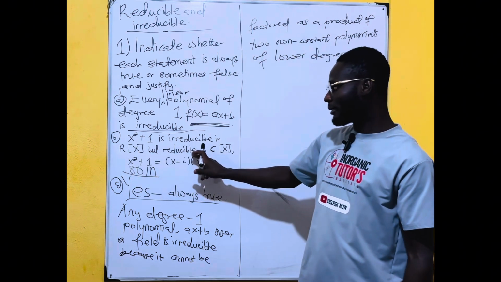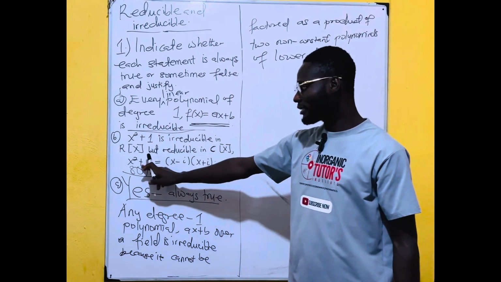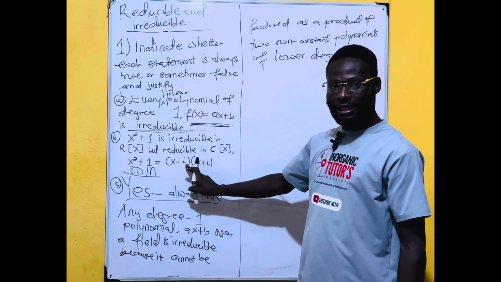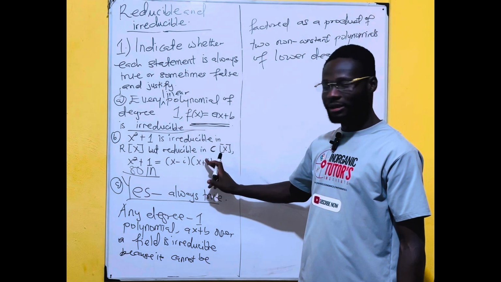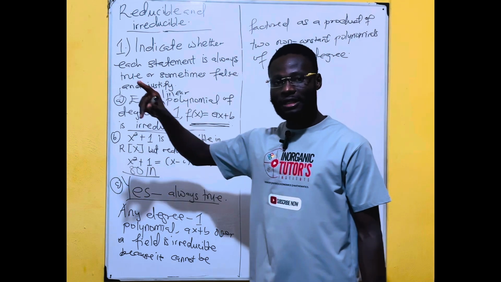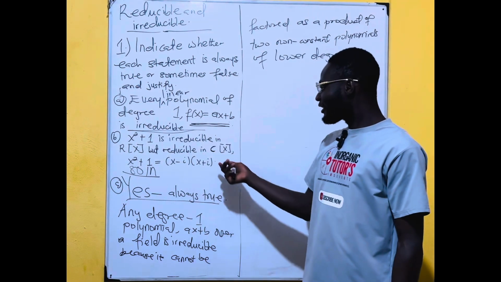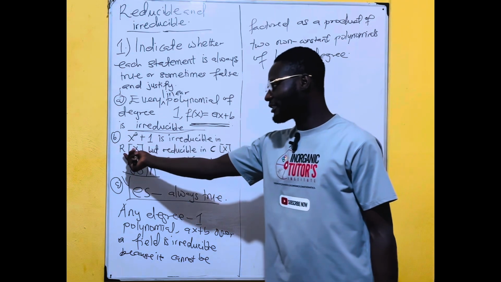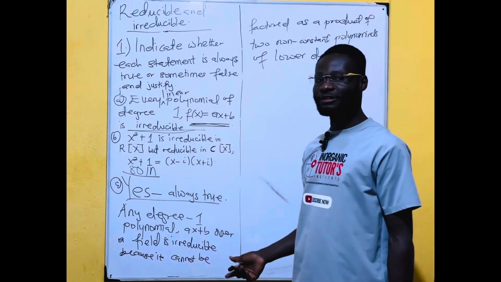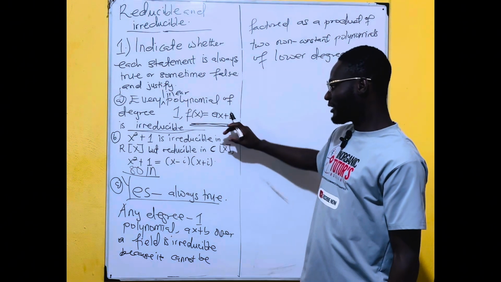but reducible in complex polynomials. And the expression is x squared plus 1 is equal to what? x minus i times x plus i. Now, we all know that real numbers contain everything, right? But I believe that complex numbers should supersede this, but they say that this supersedes this, so we will take it like that.